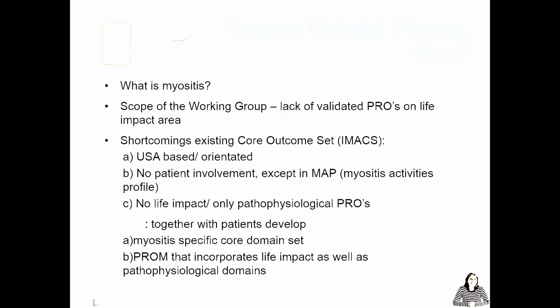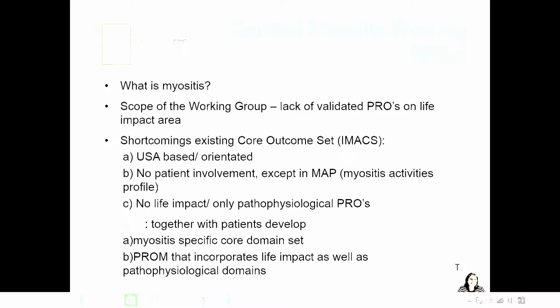Now, there are several types of myositis. We've got dermatomyositis, which affects both skin and muscle. We have polymyositis, which affects mostly the muscle, but which is becoming an outdated term because of recently found antibodies. So now we're speaking of immune-mediated necrotizing myopathy and anti-synthetase syndrome.